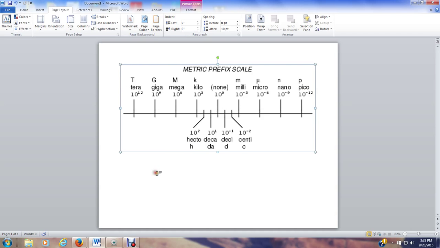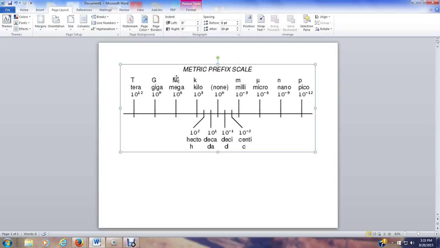To me, the easiest way to do this is as you move to the right on the scale itself, for every place you move, for as many prefixes as you go, you need to move the decimal in the number you're given to the right 3 places.